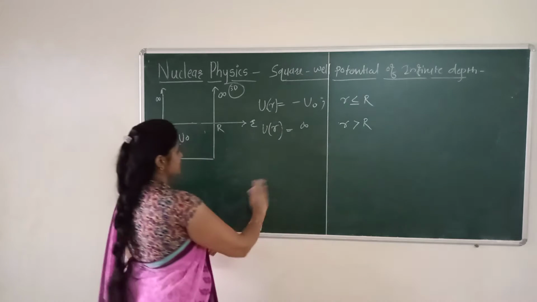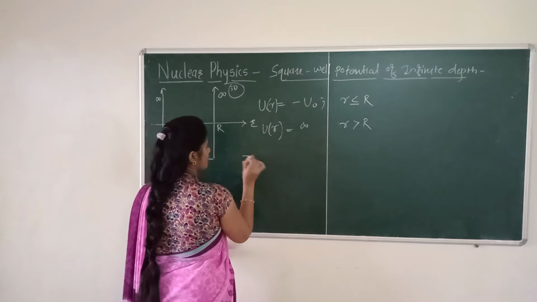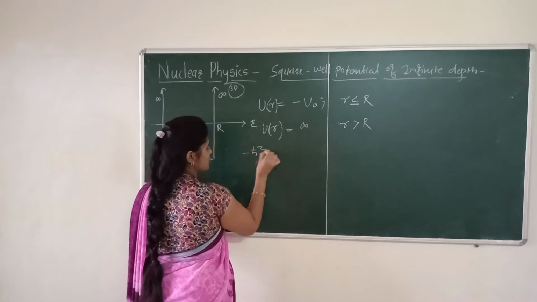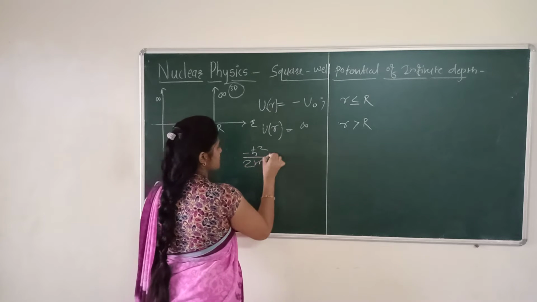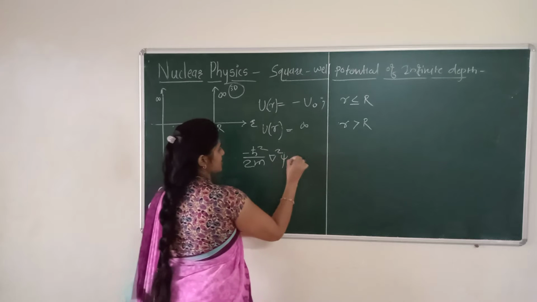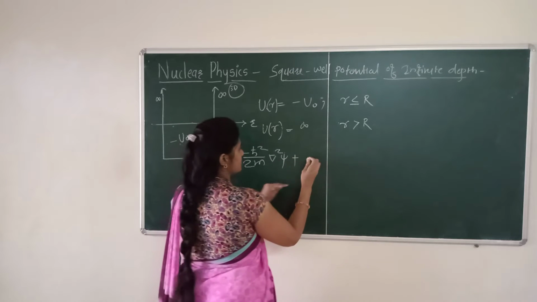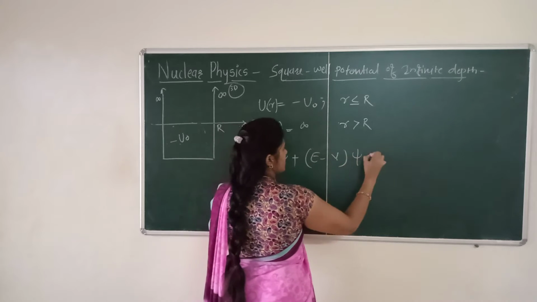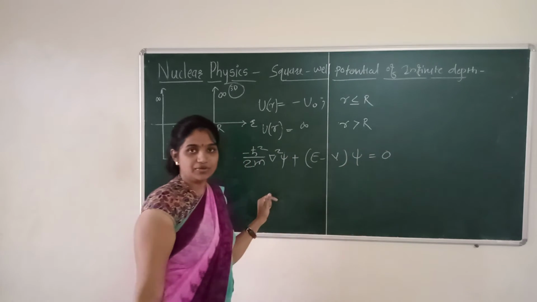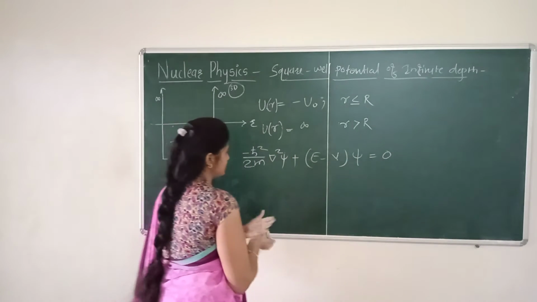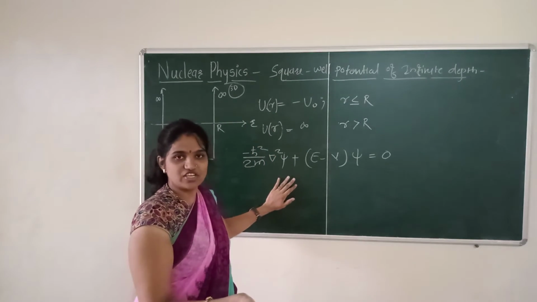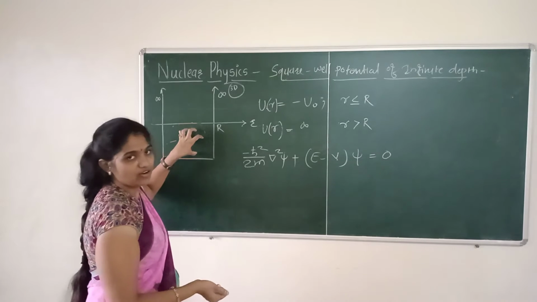Our Schrodinger equation is del square psi minus h cross square divided by 2m del square psi plus E minus V of psi is equal to 0. Now students, that is our Schrodinger equation for the nucleus.